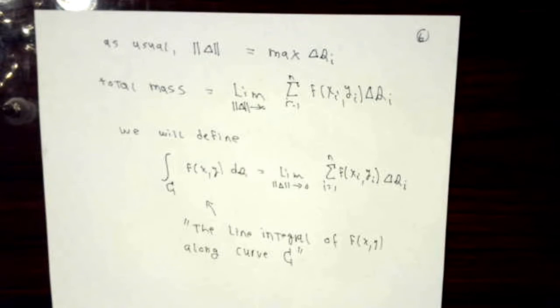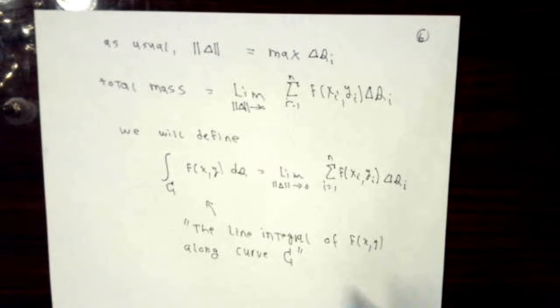In all of our different ideas about integration, we take the region that we're interested in, divide it up into smaller regions. We have some measure of how big these regions are in one sense or the other, and we let the norm of the partition be the largest of those sizes.